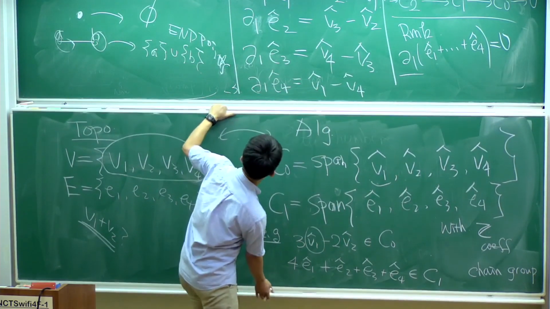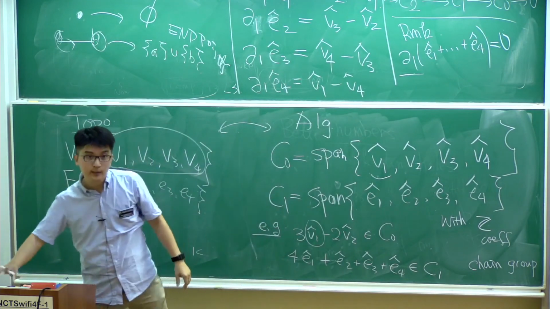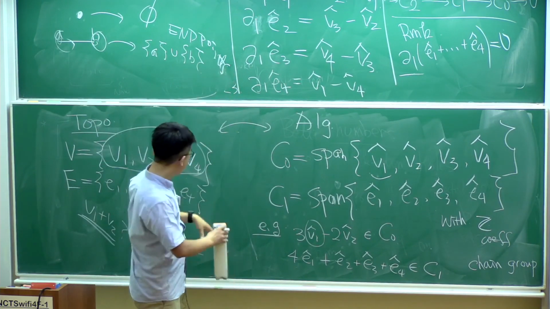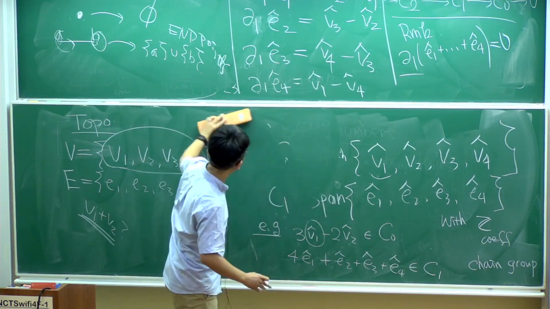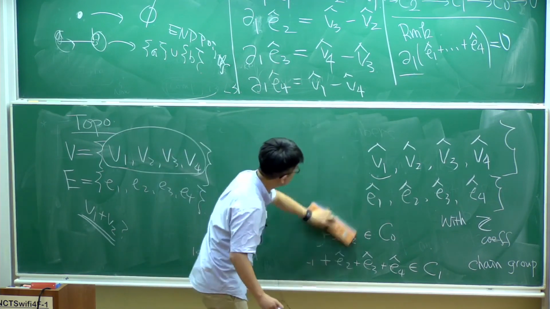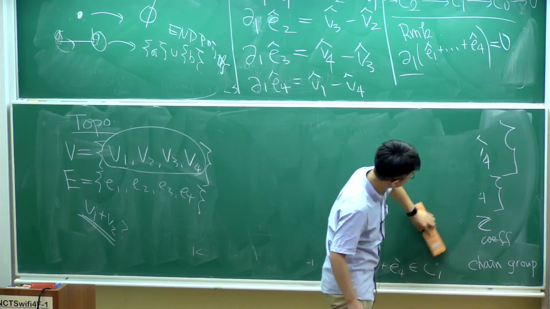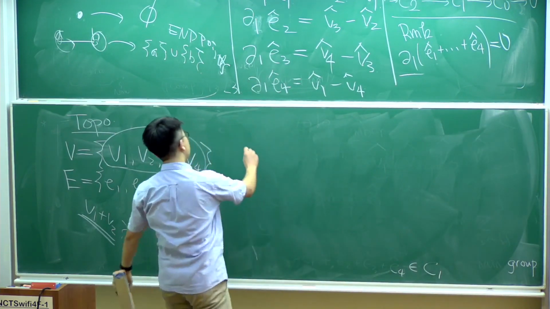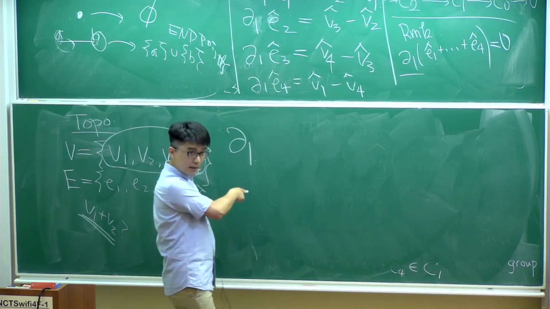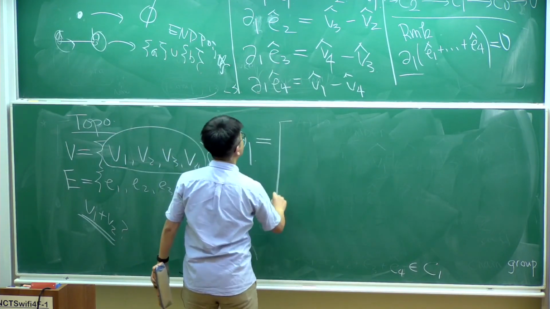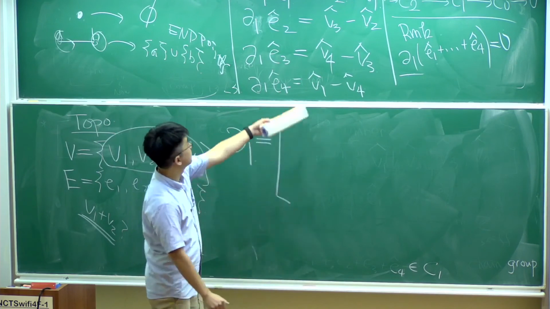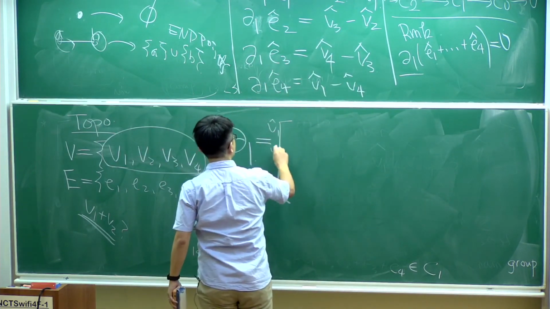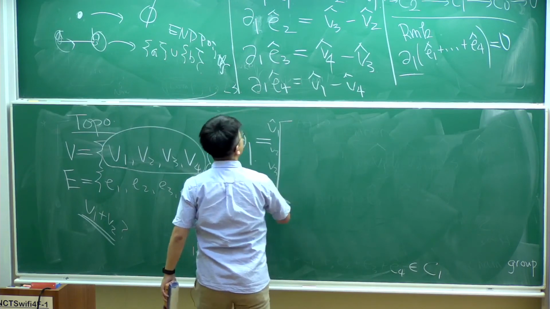Linear algebra concerns matrices, right? Any linear algebra course will give you the lecture on how to write a linear map as a matrix. Exactly the same thing over here. I can write the boundary map as a matrix. Ready? So now this is V1, V2. I can have V1, V2, V3, and V4.